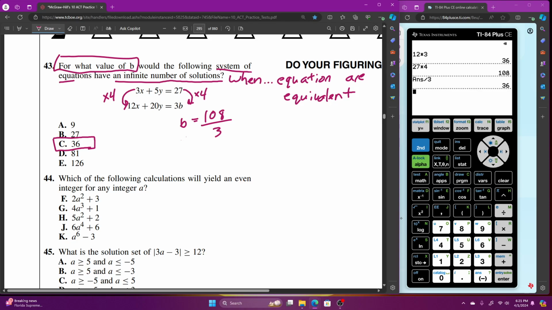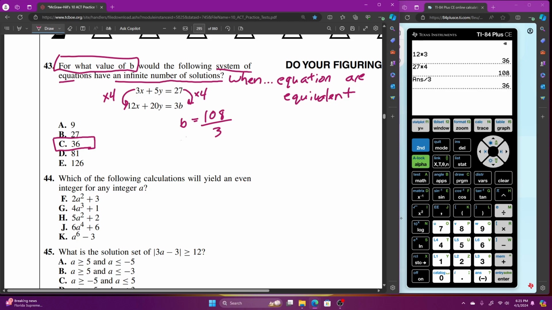Now, if you wanted to use your graphing feature on the calculator, you could, but I think it would take a lot longer that way to guess and check it, and you'd have to isolate your y's. I think if it's me, I'm gonna solve it that way.